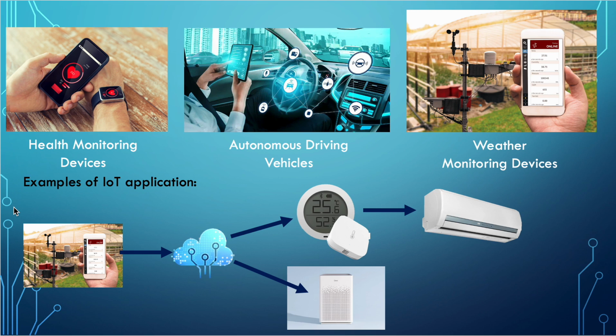So in examples of IoT application, we will now be looking at these devices which we talked about before working together in conjunction through the internet or through a network, to make Internet of Things, to take in data and give a productive and efficient outcome.